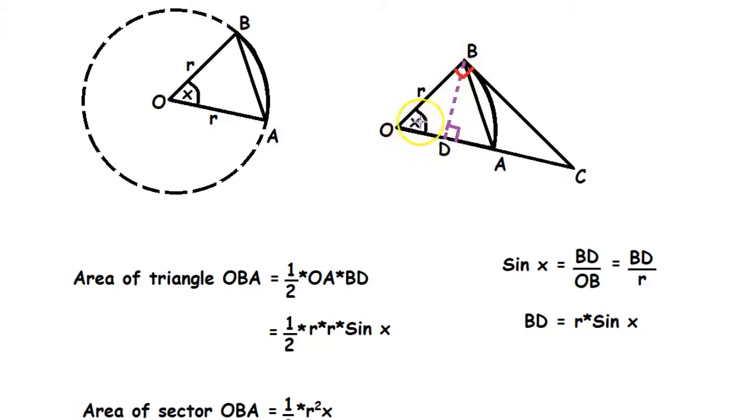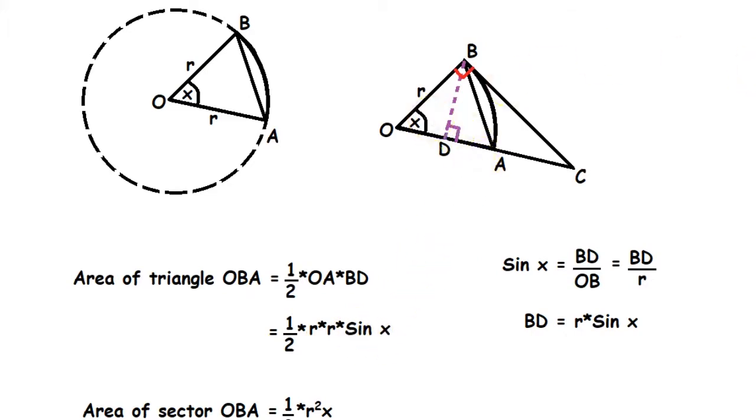Let's take sine x. Sine x is equal to the opposite side over the hypotenuse, that is BD over OB. That will be equal to BD over R. So now we can find BD equals R into sine x. We can substitute that here, giving us half into R sine x.